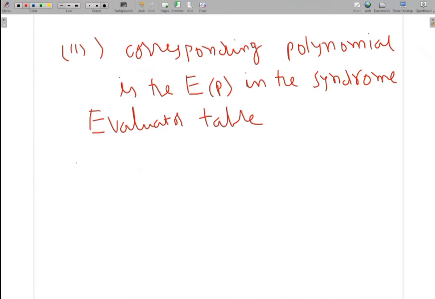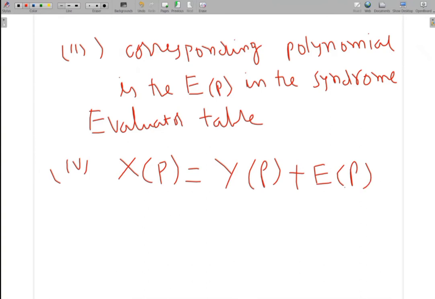Once E(p) is determined, correct the transmitted code word polynomial: X(p) is equal to Y(p) plus E(p). This is the actual procedure.